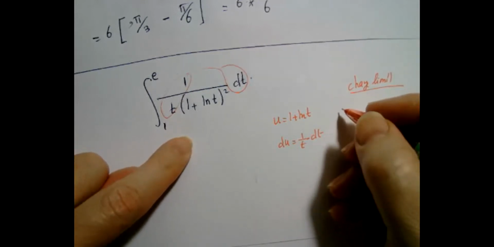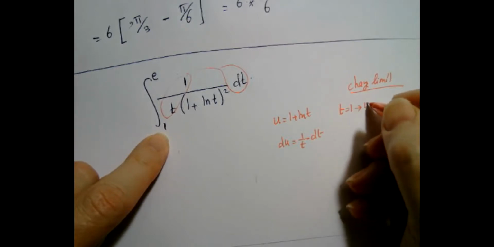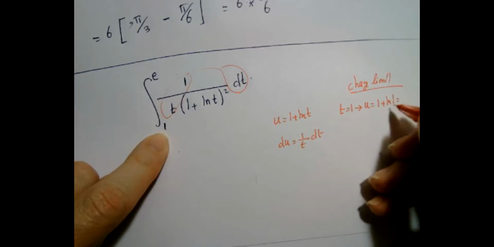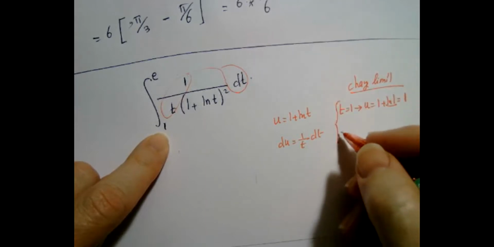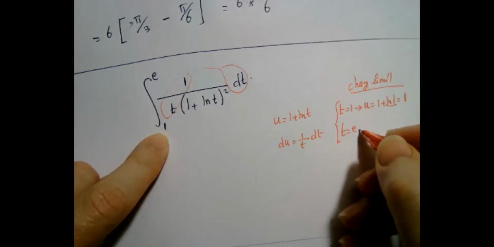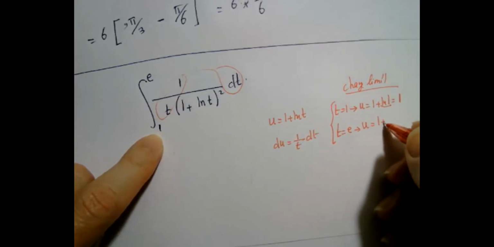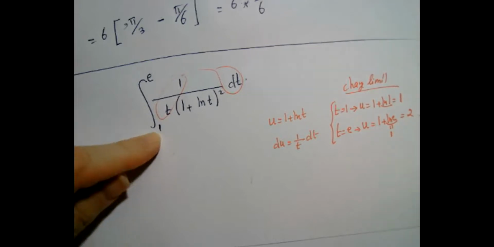When my t takes the value 1, my u will be 1 plus ln of 1. ln of 1 is 0, so this is going to give me a 1. When my t is equal to e, my u is going to be 1 plus ln of e. Now, ln of e is equal to 1, so this will give me a 2.